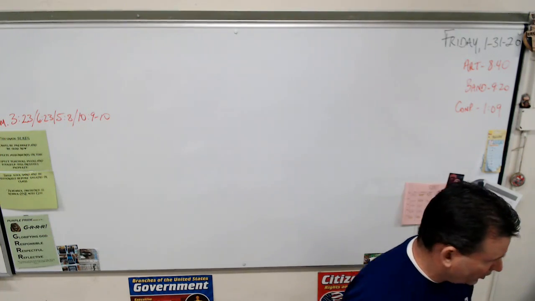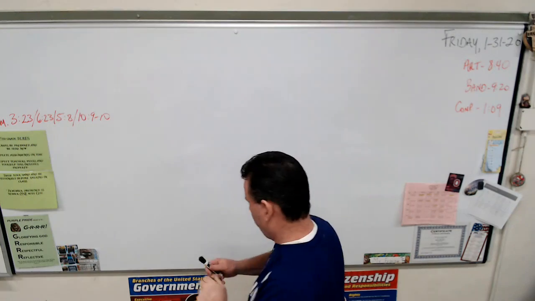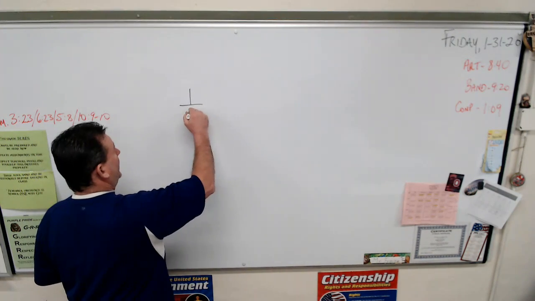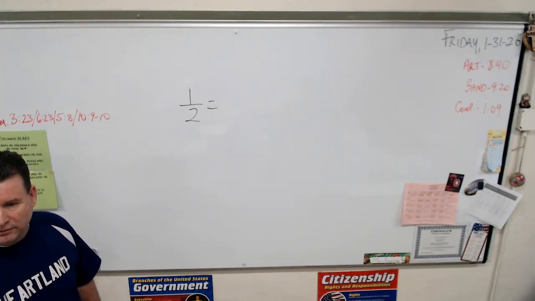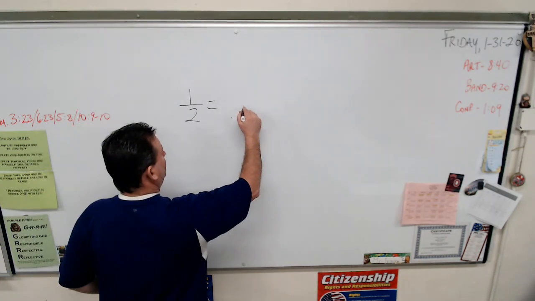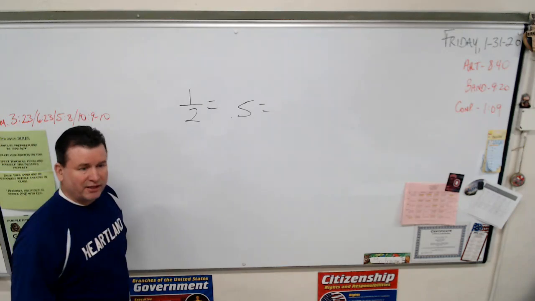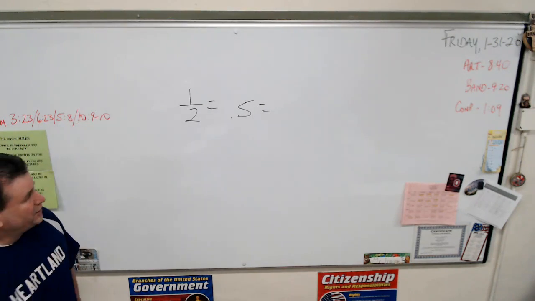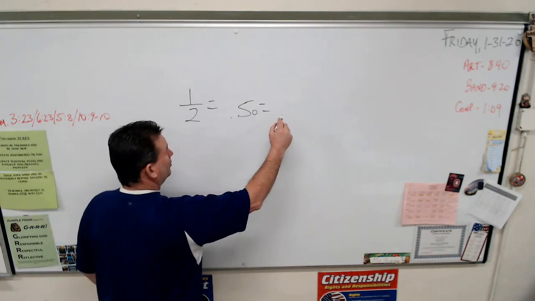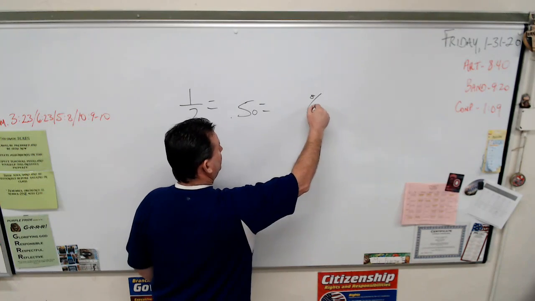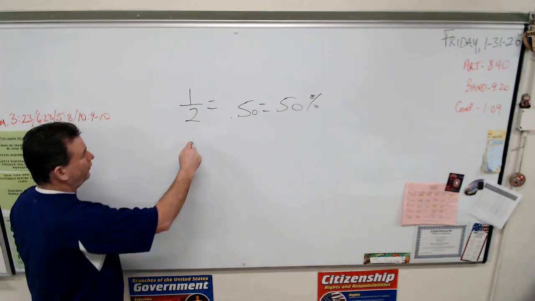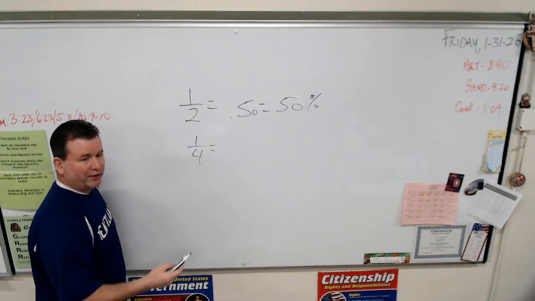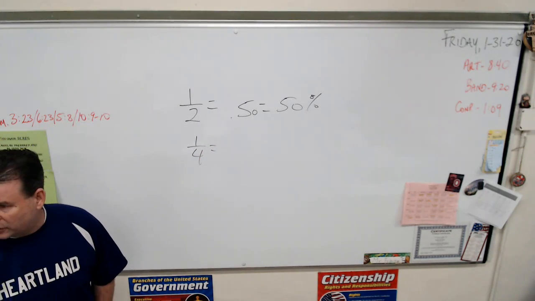Go back to your younger years where you first realized that 1/2 as a decimal was 0.5. And then you realized that 0.5 was the same as 0.50, which is the same as 50%. So 1/4 was another one that you caught on to pretty quick because it's a quarter.